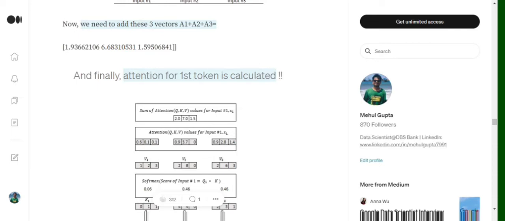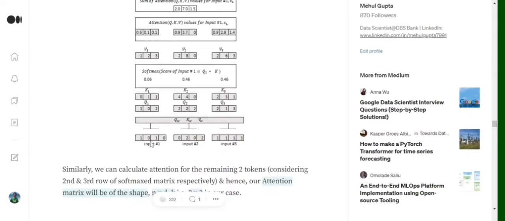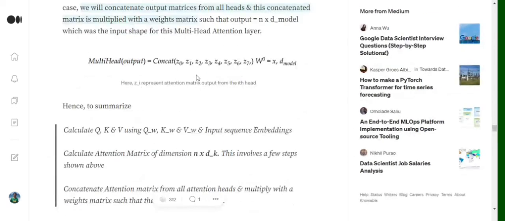So if you remember, if we have 512 and we divide it into 8 parts of 64 each, we would get an output of dimension 64 each, and on concatenating we are back to 512. So whatever is the input dimension would be our output dimension as well in case of a multi-head attention layer.